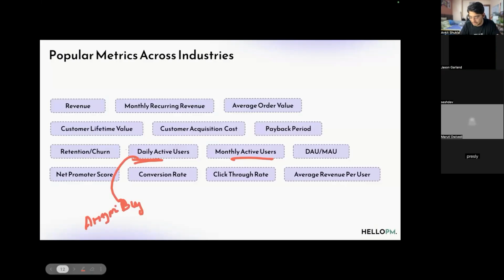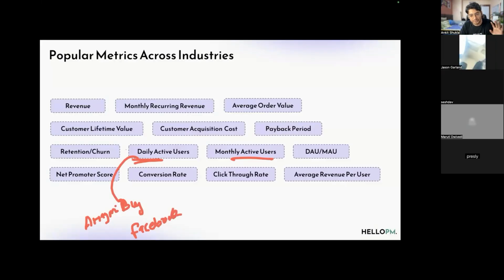But for, let's say, Facebook, people who are even opening the app are daily active users. For Netflix, people who start a series are daily active users or monthly active users, or people who spend 10-15 minutes on the platform. It is very popular for gaming companies and generally social networks or maybe entertainment companies.